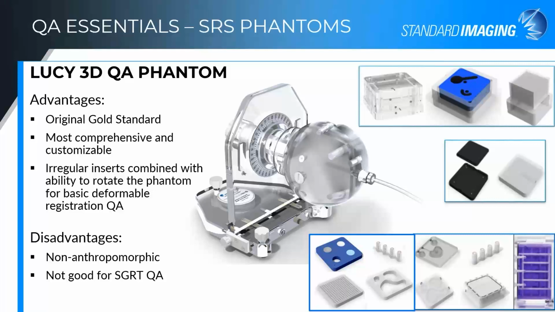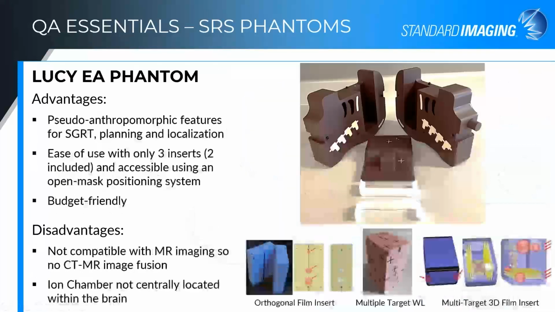We did have a question about MR compatibility, so I wanted to point out with the Lucy that there are MR inserts. You can do your end-to-end testing if it includes MR imaging. There's a distortion grid down here, so there are some options for Lucy to make sure that you include MR in that end-to-end testing. Absolutely, yes. And Lucy's all about the known shapes and geometries, right?